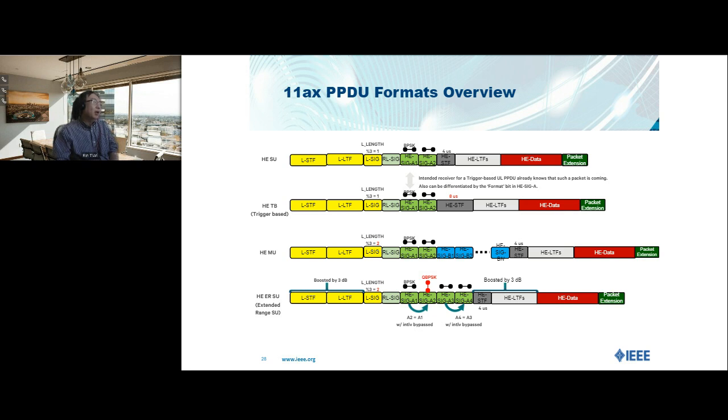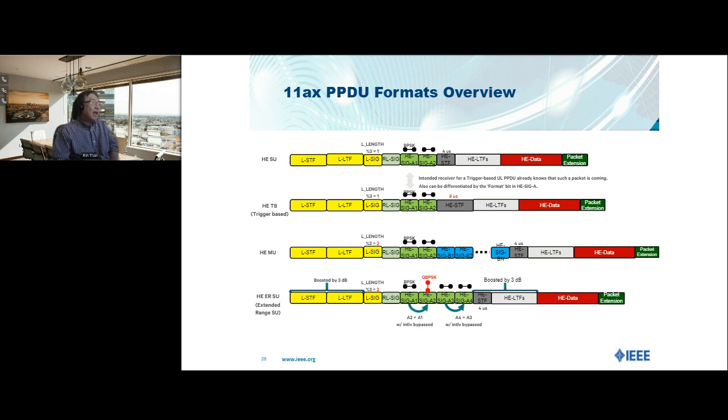For example, from all of them, you know that the yellow part is what we call the legacy preamble, starting from L-STF, L-LTF, L-SIG. We'll talk about it slightly later. This is very essential for coexistence with legacy devices, 11n and before 11n, or non-HT, all these kinds of packets.